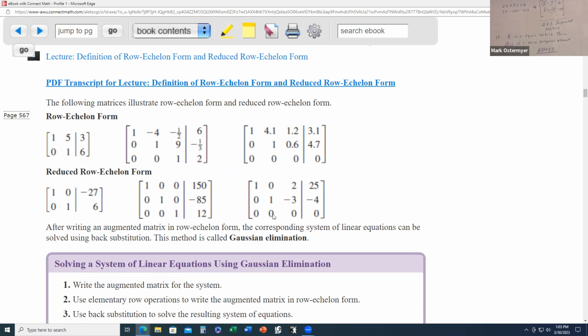This last row does not have any non-zero entry of 1. It's all zeros. As long as it appears at the bottom, then it doesn't matter if you have non-zero entries above this 3-3 entry of 0 here, because it's not a 1. But if this 3-3 entry was a 1 down here instead of a 0, then yes, these elements would have to both be 0 for this matrix to be in reduced row echelon form.